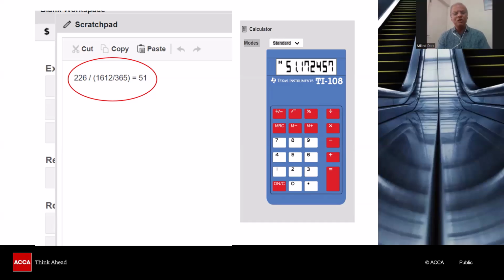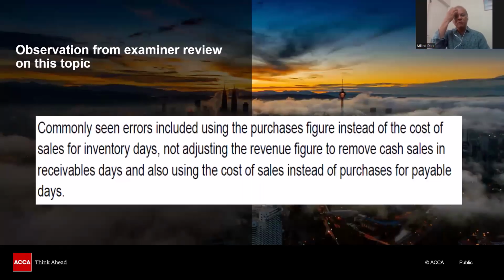I have seen the examiner's report on this particular question, which says commonly seen errors included using purchase figure instead of cost of sales for inventory days. You can't use purchase here. Or not adjusting the revenue figure to remove the cash component when you are calculating the receivable days.